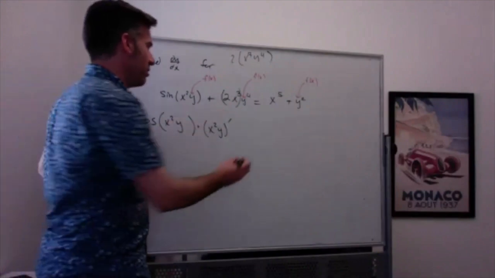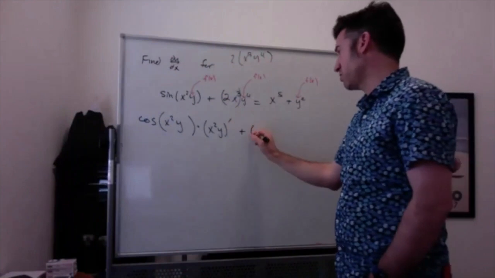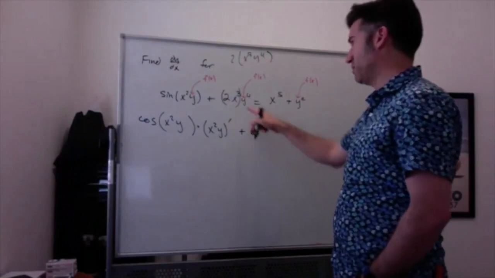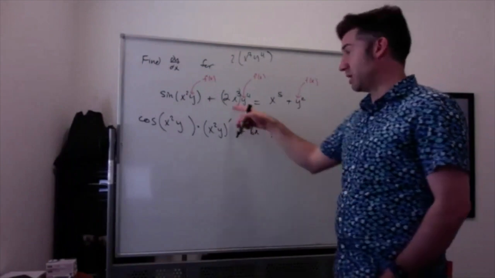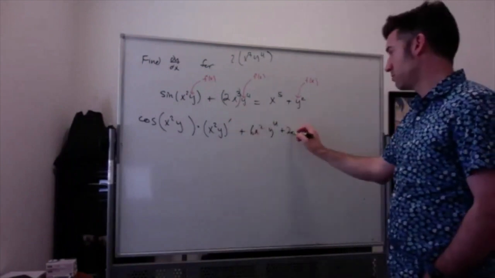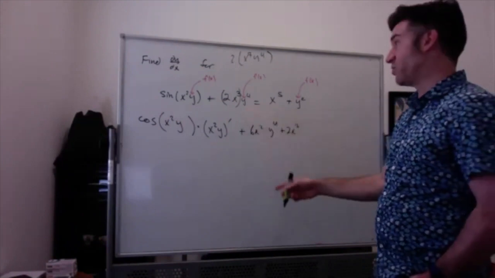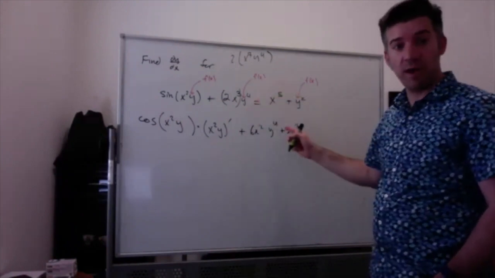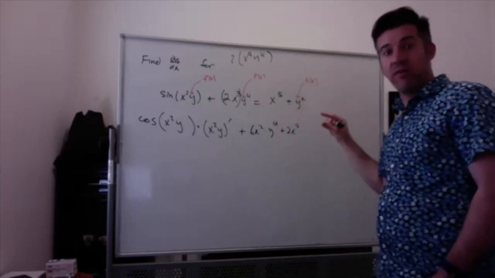So using the product rule, the derivative of 2x cubed is 6x squared, times, leave the other thing alone, plus, leave the 2x cubed alone, times the derivative of y to the fourth. The derivative of some function to the fourth power is 4 times my function to the third power times the derivative of my function.